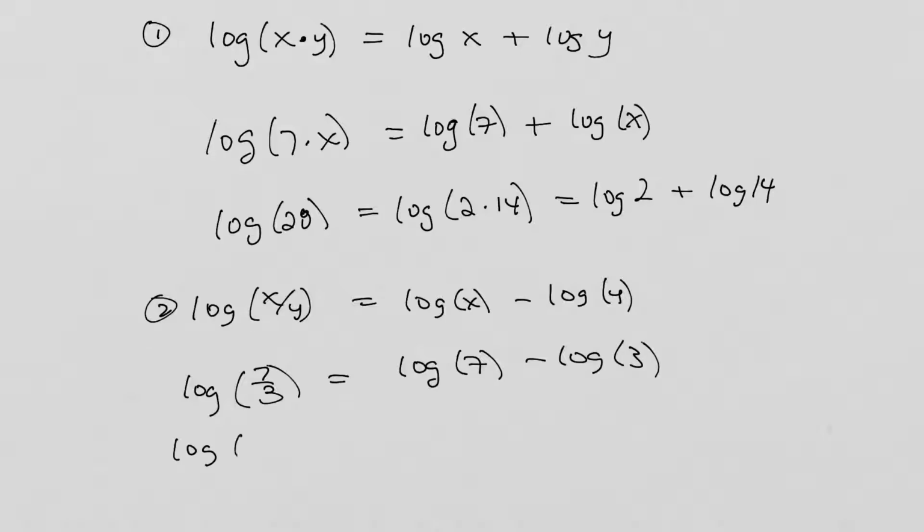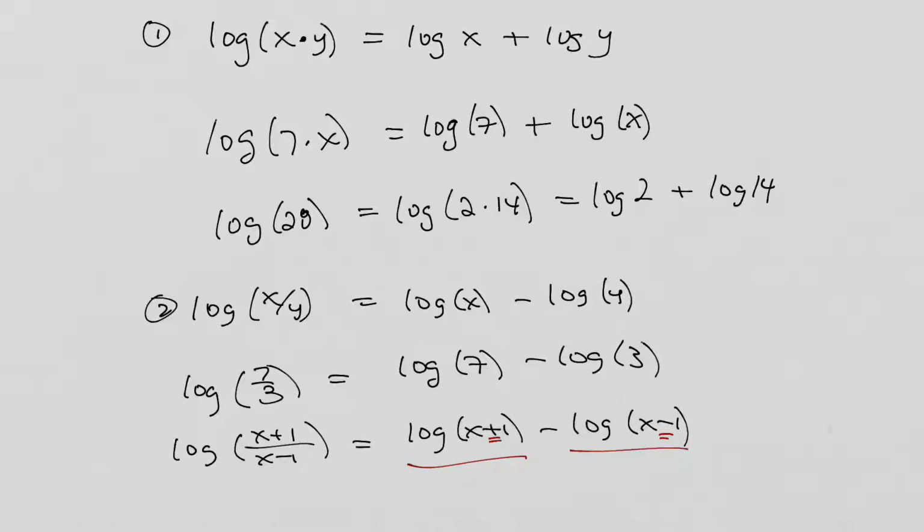Or what about the log of x plus 1 over x minus 1? That's the log of x plus 1 minus the log of x minus 1. Okay. By the way, notice I do not have a property if it's a plus or a minus on the inside, so these are done. We can't break those apart anymore.